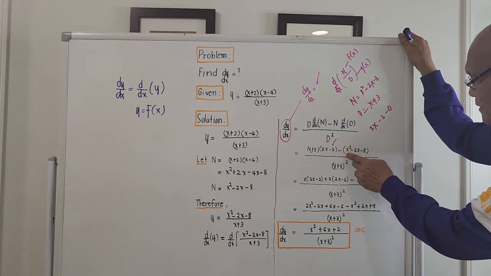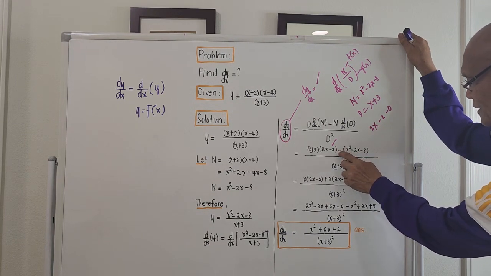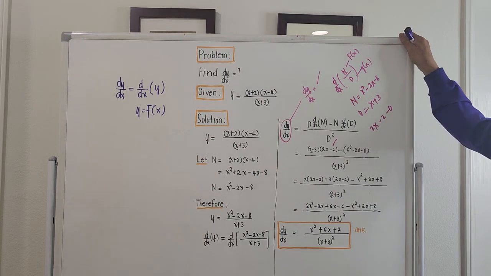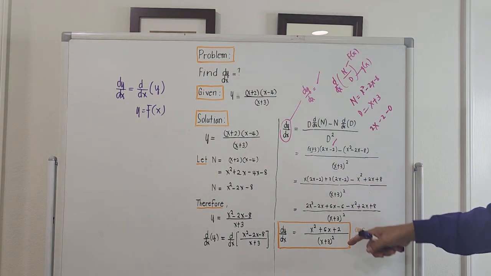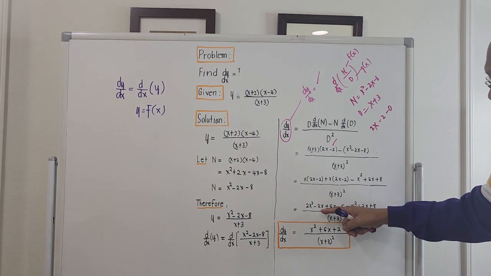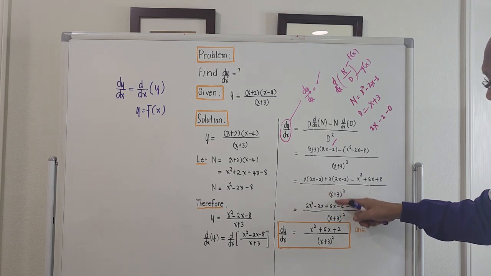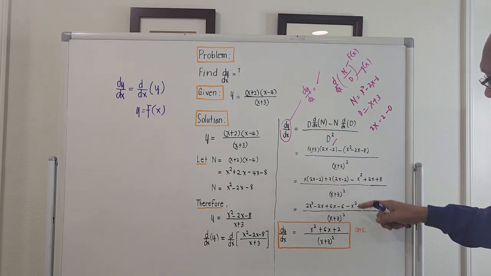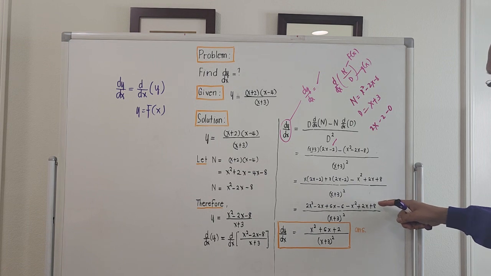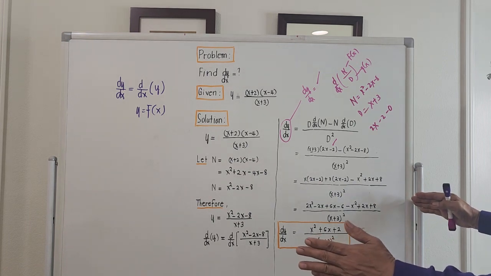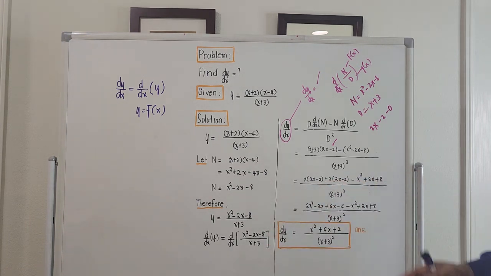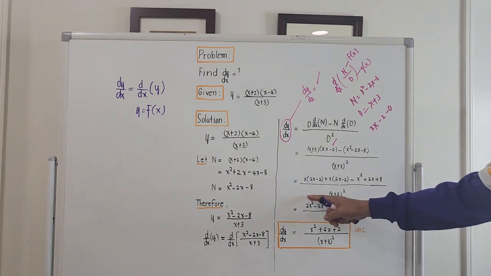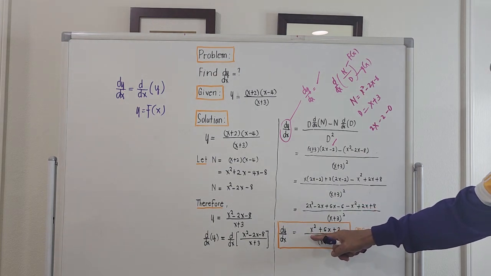So this quantity here is very critical because there is a negative sign over here. Expanding this one, this will be 2x squared minus 2x plus 6x minus 6 minus x squared plus 2x plus 8. Then combine similar terms. That's again algebra. 2x squared minus x squared will be x squared.